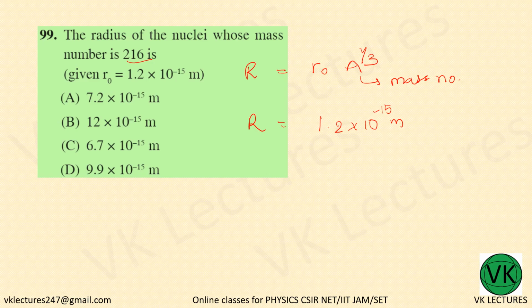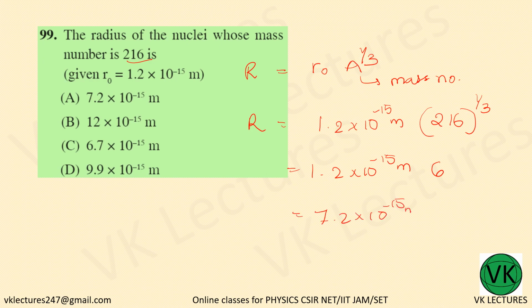A value is given as 216, A to the power 1 by 3. So that's equal to 1.2 into 10 to the power minus 15 meter times the cube root of 216, which is 6. That's equal to 7.2 into 10 to the power minus 15 meter. So your answer is option A.